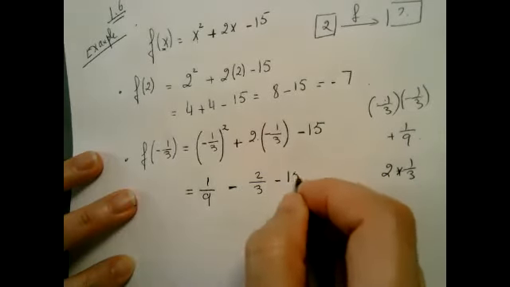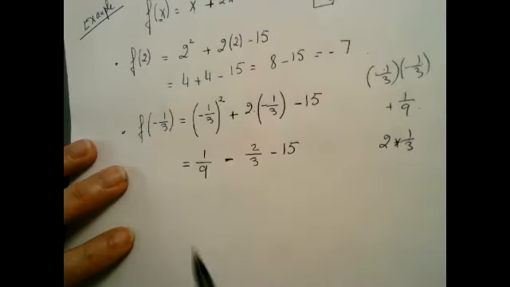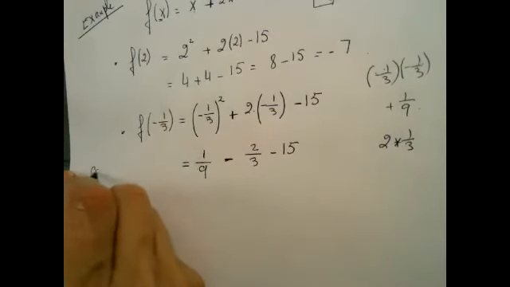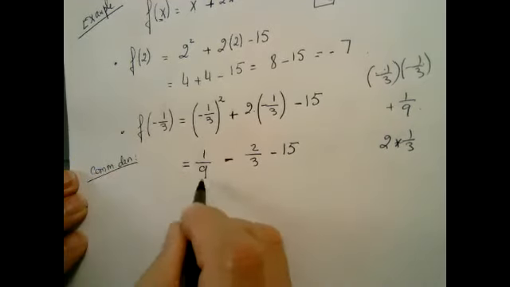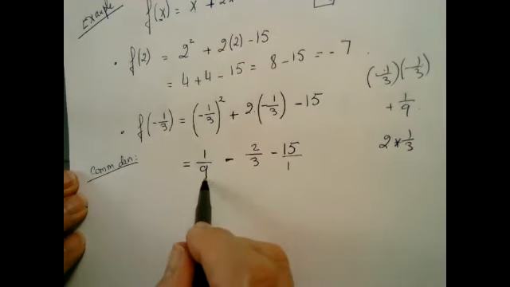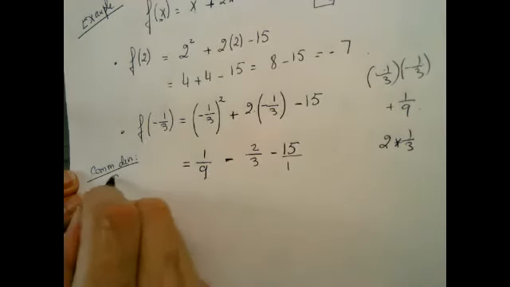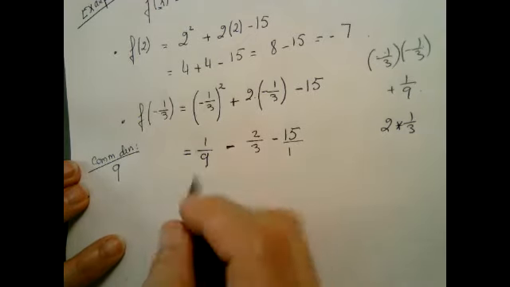Minus 15. Okay. Now a common denominator. What's the common denominator here? There is a 9 and there is a 3, and this is really a 1. So the common denominator, the least one, is actually 9 in this particular problem. So that's okay.